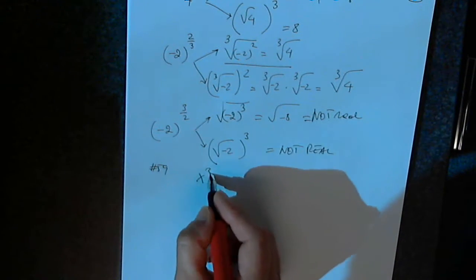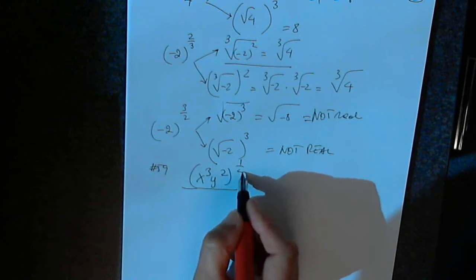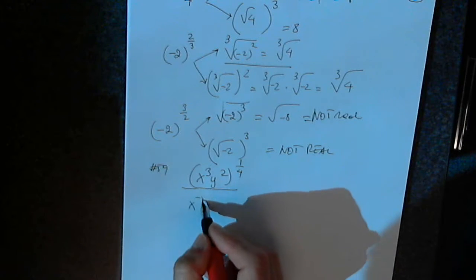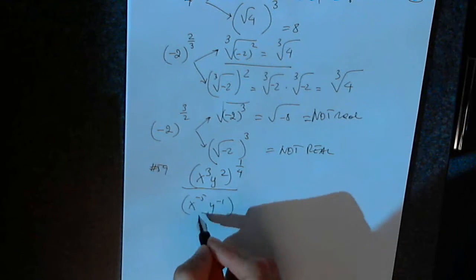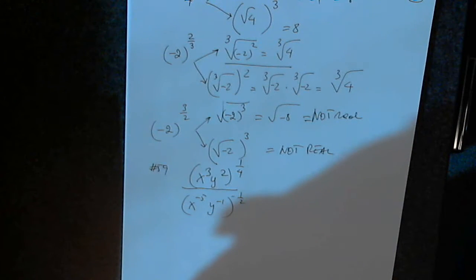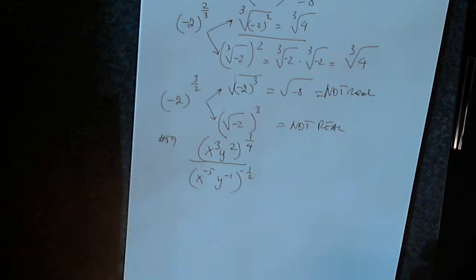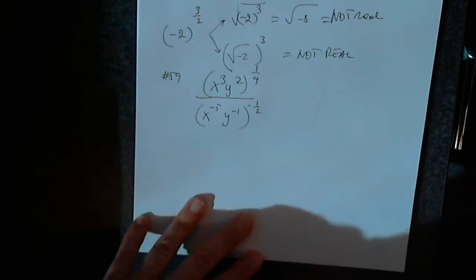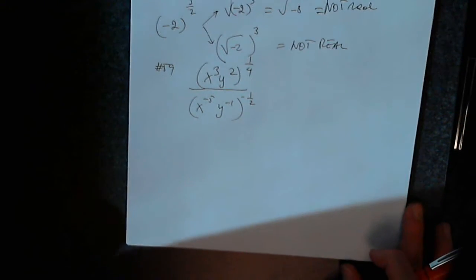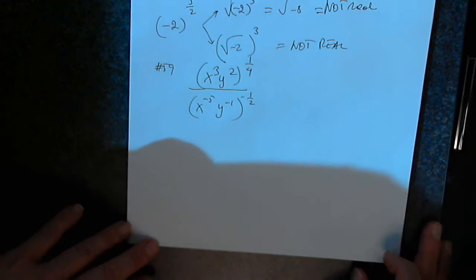And then we have x cubed y squared, everything raised to 1/4, over x to negative 5, y to negative 1, raised to negative 1/2. So any suggestions on the first step?